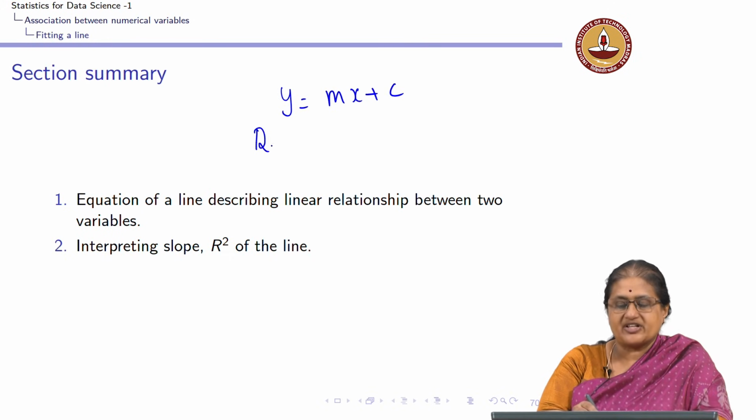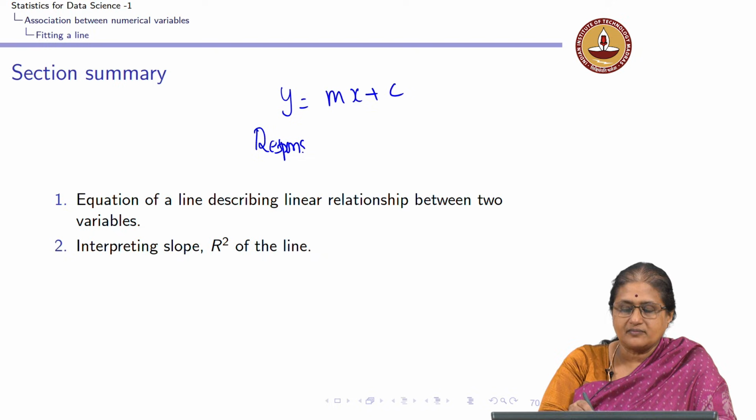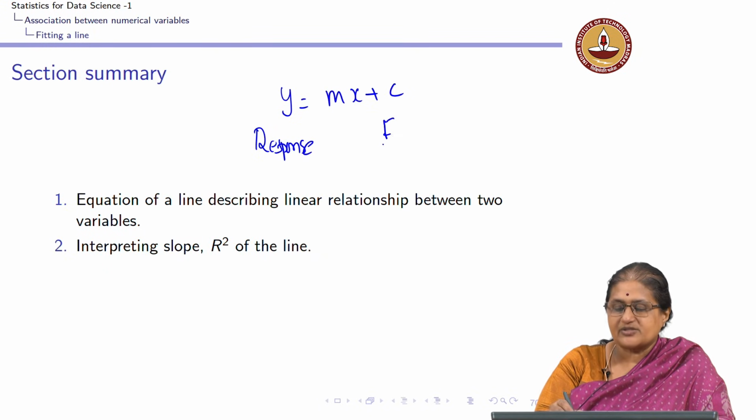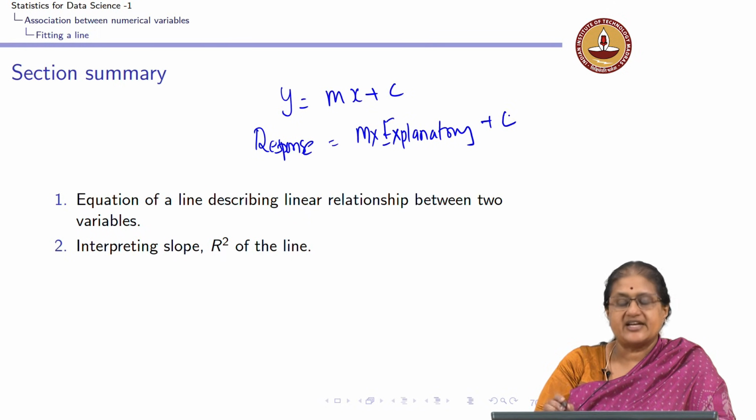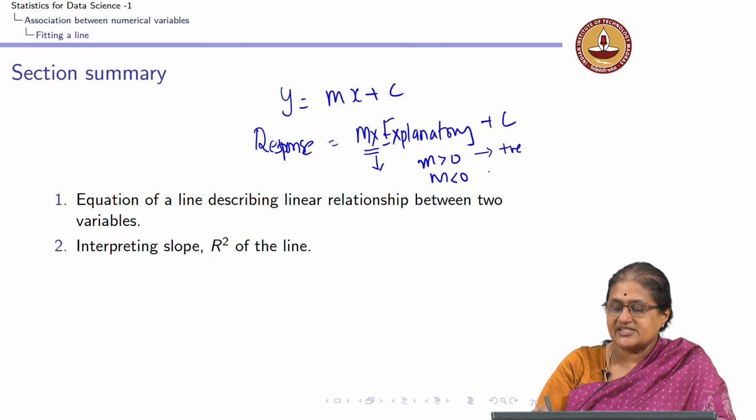Y is my response variable, x is my explanatory variable, and m is the slope of the line, c is the intercept, the sign of the slope. So, if m is greater than 0, then this says that I have a positive relationship. If m is less than 0, it says I have a negative relationship.